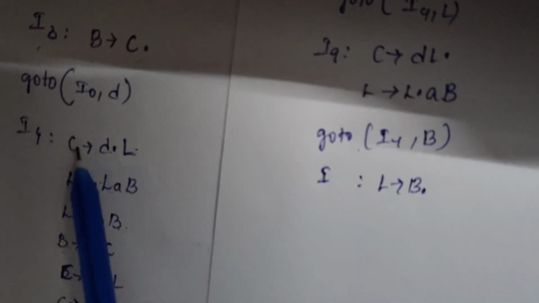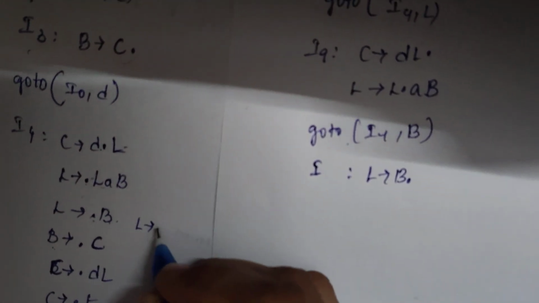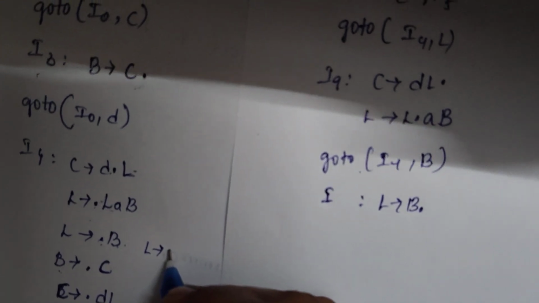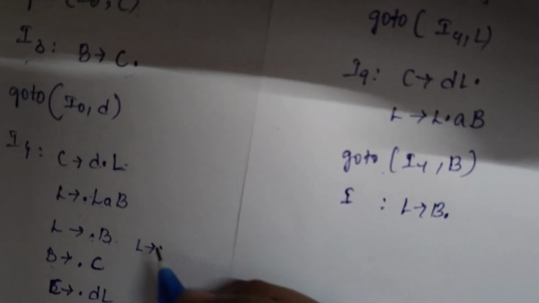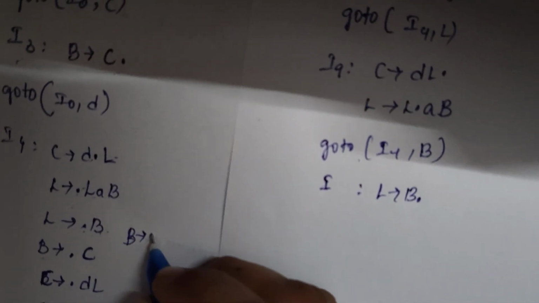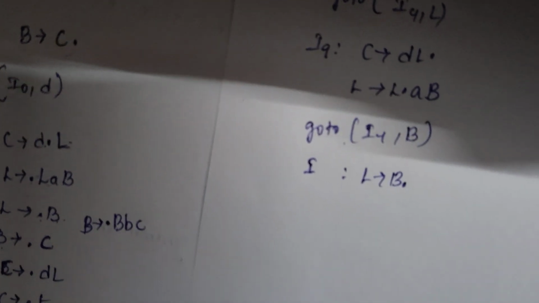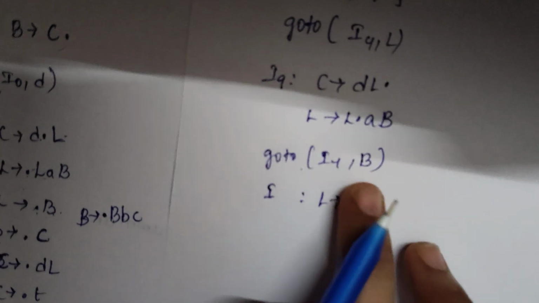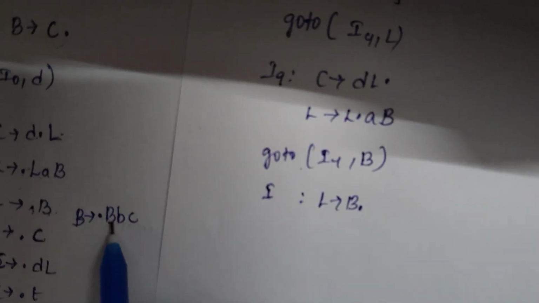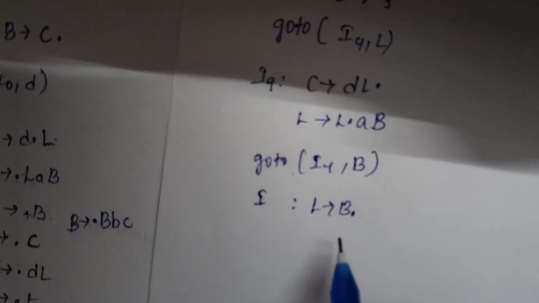I4 comma B. In I4 B, I have actually forgotten to write one more prediction, that is B produces dot BC. This prediction I just missed. So see I4 comma B, right? Check for B. Two B's are there. This dot will be shifted here, then this dot will be shifted here.